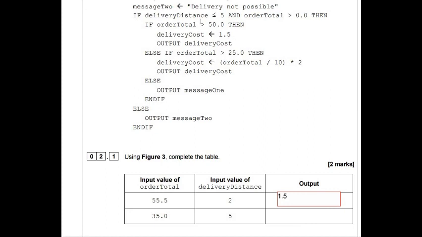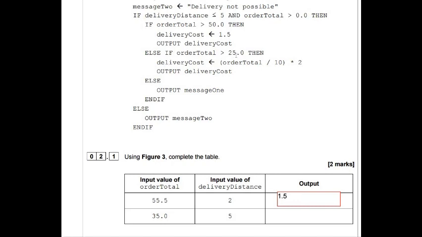35, we know it's equal to 5 this time. So that satisfies that condition. But the order total is going to be 35. So it's not going to be over 50. So instead, we're going to go into the else if block.